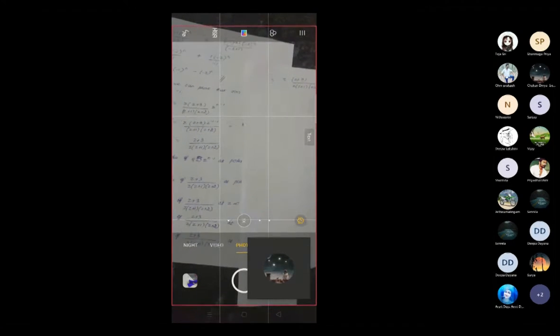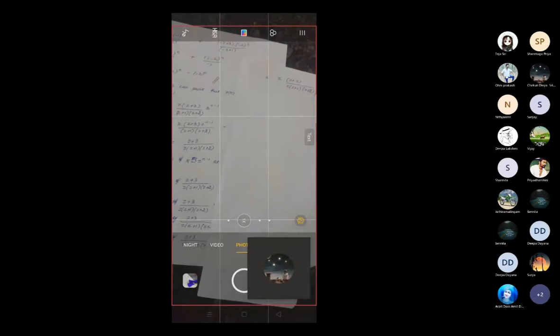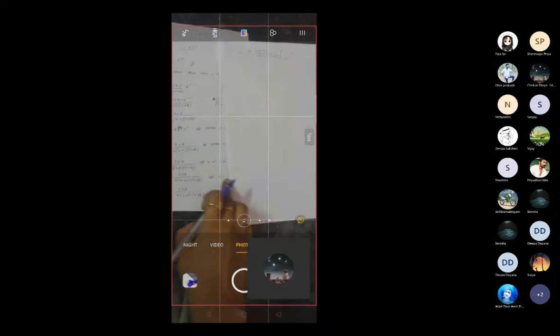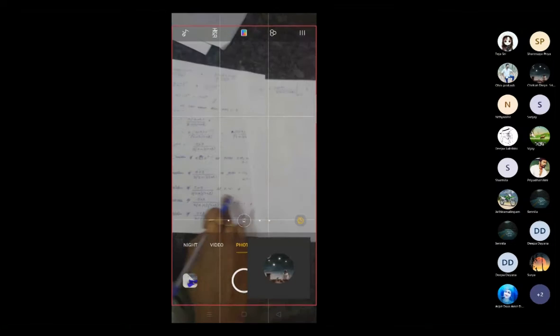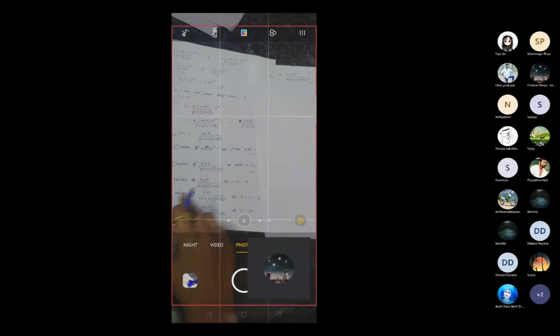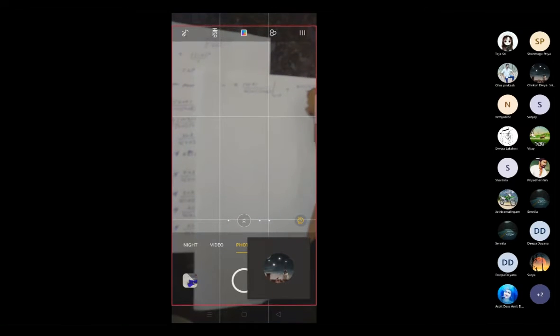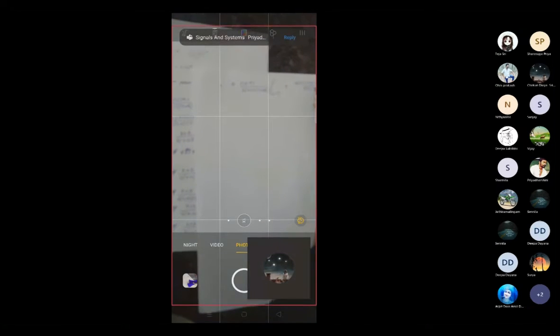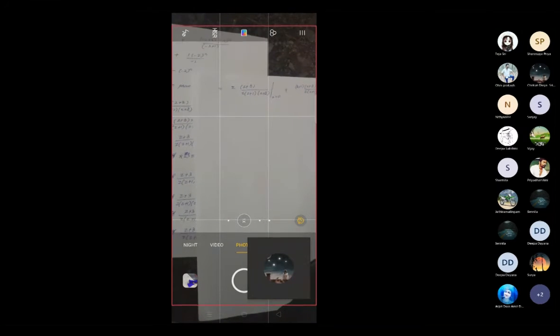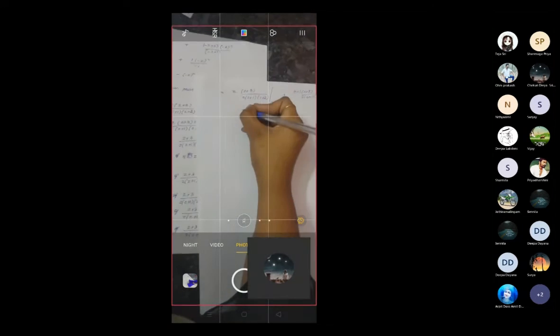So z into z plus 3 divided by z into z plus 1 into z plus 2, for the pole value z equal to 0, plus second residue, z equal to minus 1, right? So your residue will be z plus 1. So z plus 1 into z plus 3 divided by z into z plus 1 into z plus 2, for the pole value z equal to minus 1.